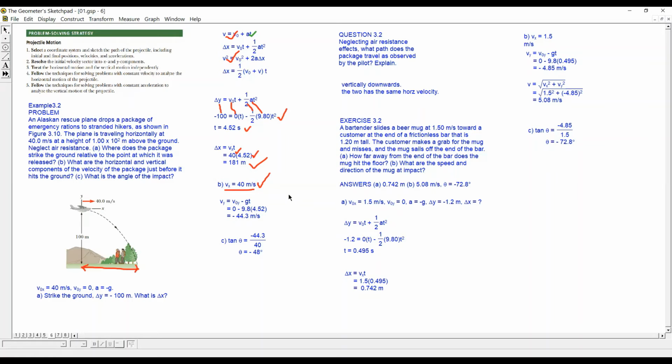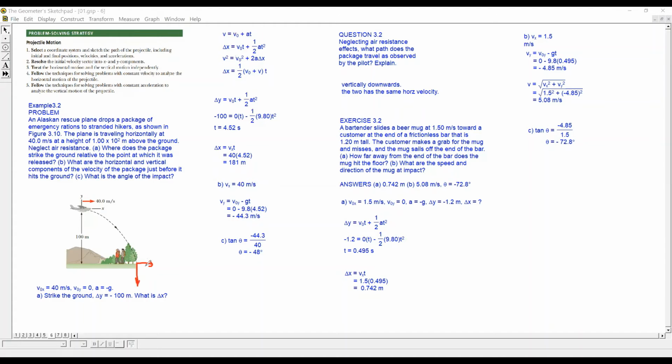Next, what is the angle of impact? Angle of impact means, at this point here, what is the horizontal component of the velocity and what is the vertical component of the velocity, right?